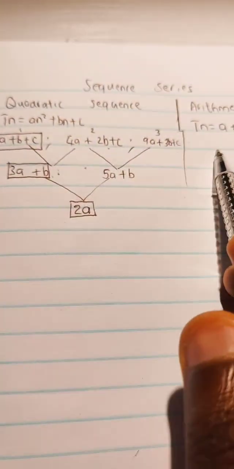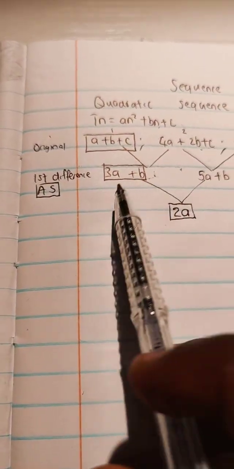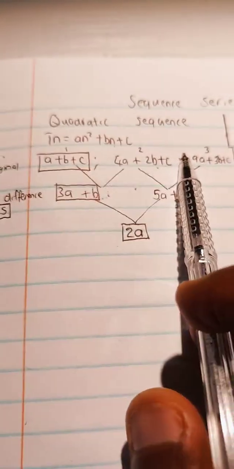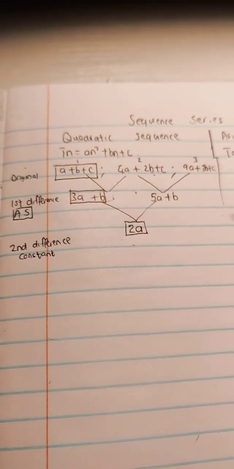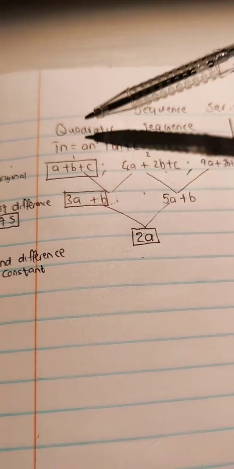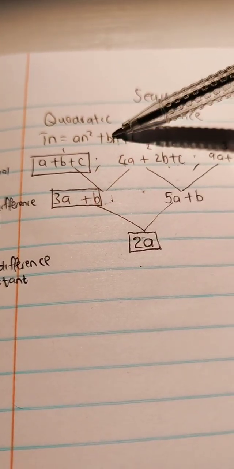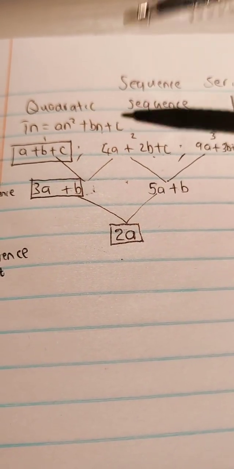This is the original sequence in terms of A, B, and C. This is your first difference, which is actually an arithmetic or linear sequence. Then you have your second difference, which is always constant and gives you 2A. These are the expressions you use to calculate the value of A, the value of B, and the value of C.